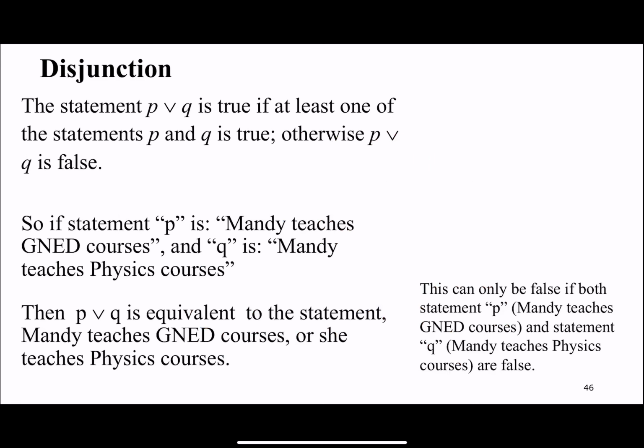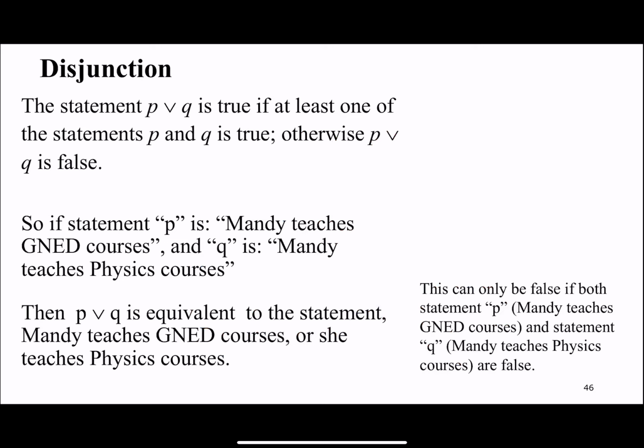Here we go, disjunction. For example, I tell you P represents Mandy teaches gen ed courses and Q represents Mandy teaches physics courses. Okay, P or Q: Mandy teaches gen ed courses or Mandy teaches physics courses. Guys, this is true, P or Q, if at least one of the statements is true.